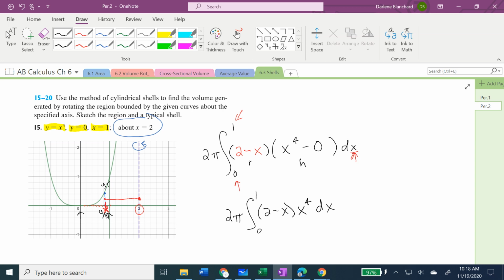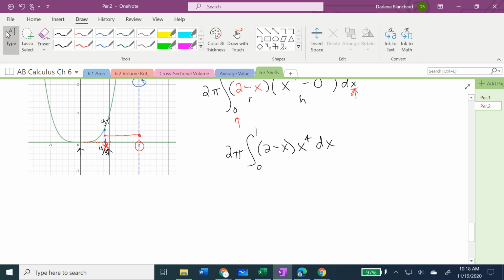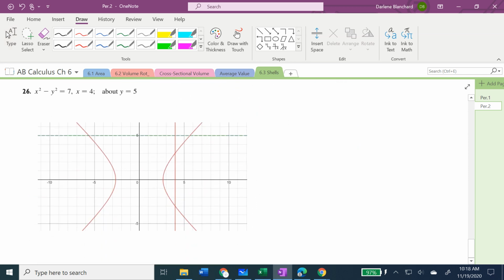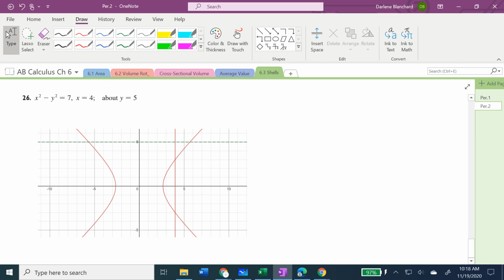Okay, one more example. With these problems, they just add another way that you can do rotational volume, which is why technically the shell method isn't on the AP test, but that doesn't mean you can't use it.